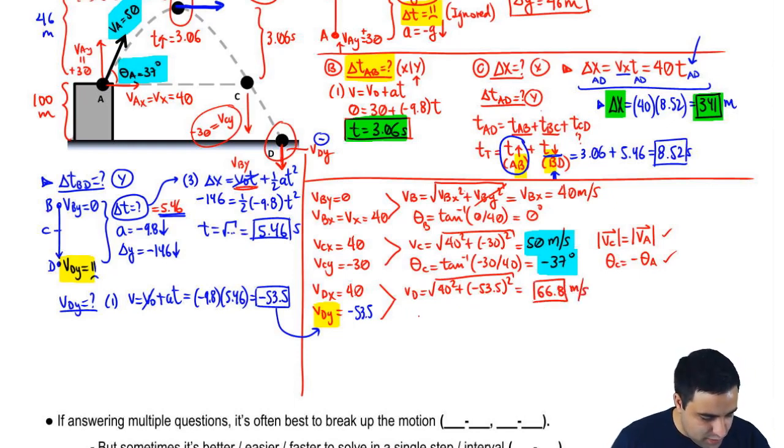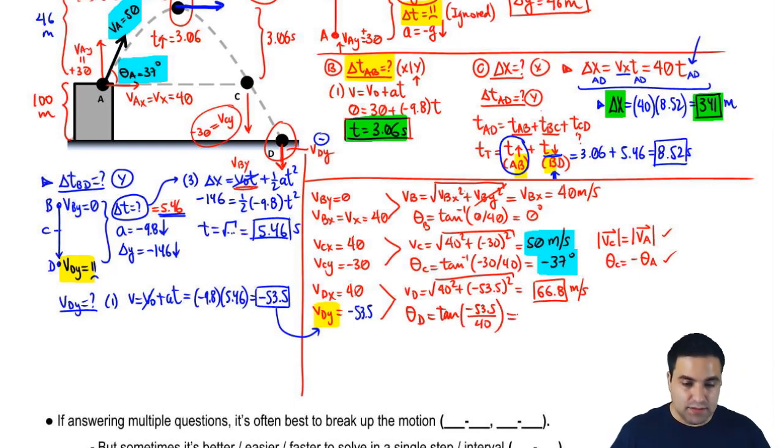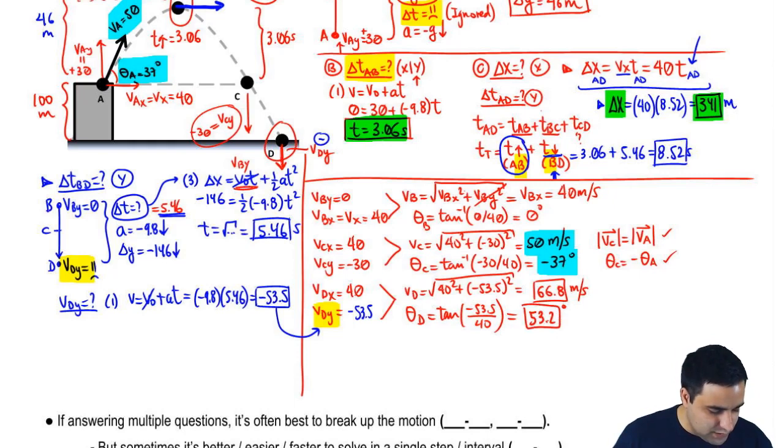And if you do the angle, the arctangent of y, negative 53.5 over x, 40, you get negative 53.2 degrees.